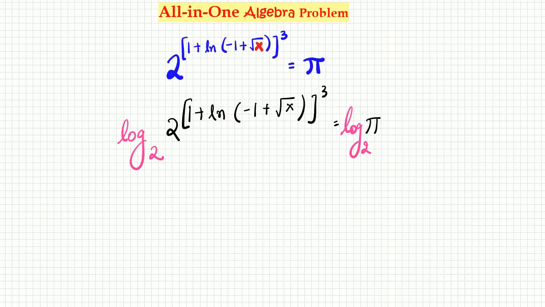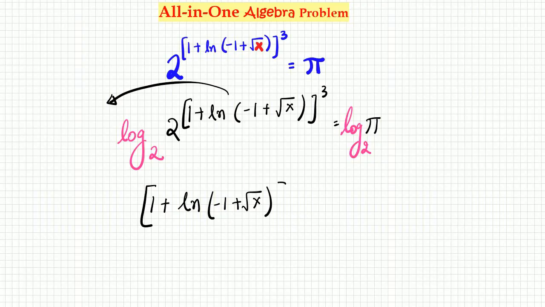Now the next step: this power comes ahead, and log 2 base 2 cancel out. So this thing becomes 1 plus natural log of minus 1 plus root x, and the whole cube, equal to log 2 pi. Till here I hope it makes sense.